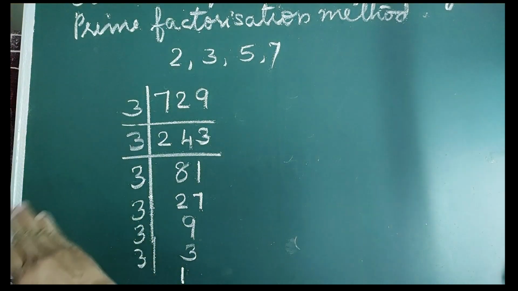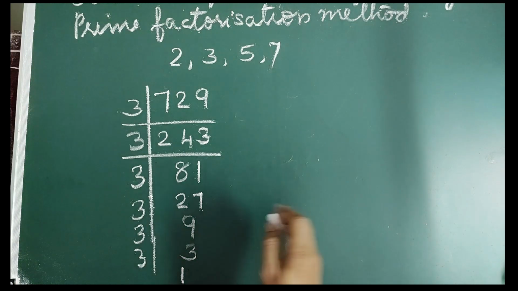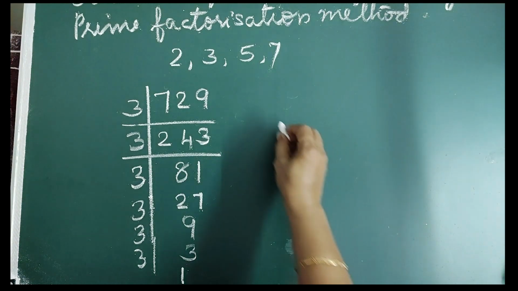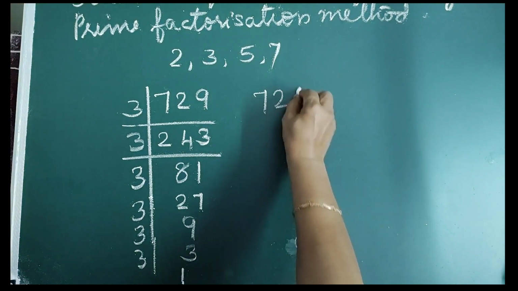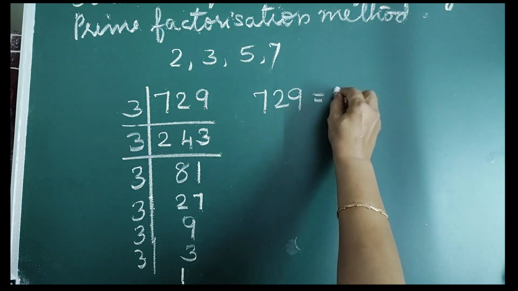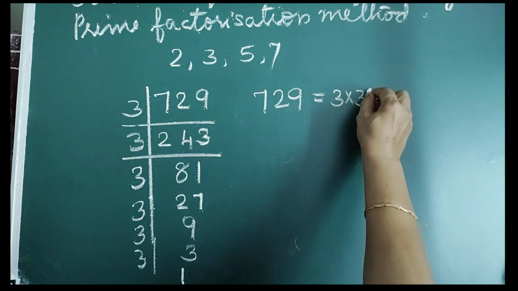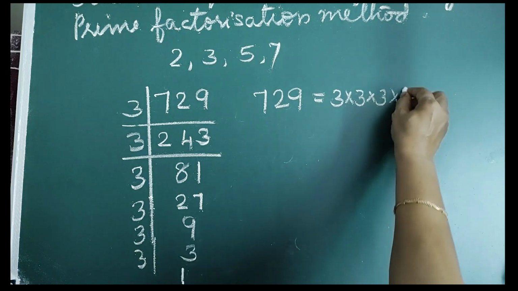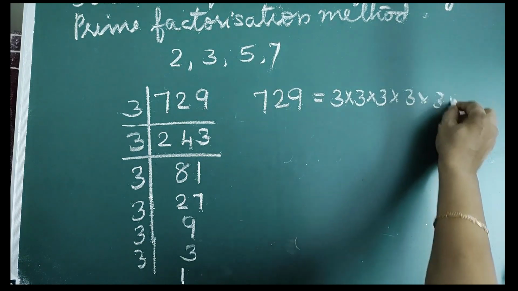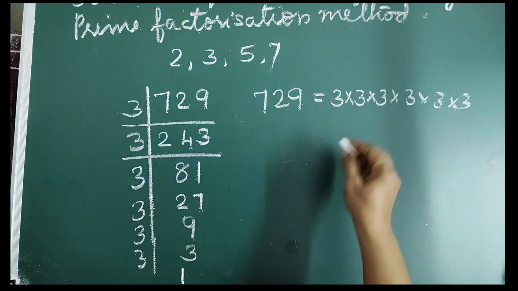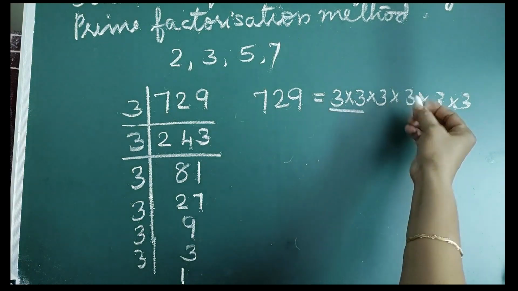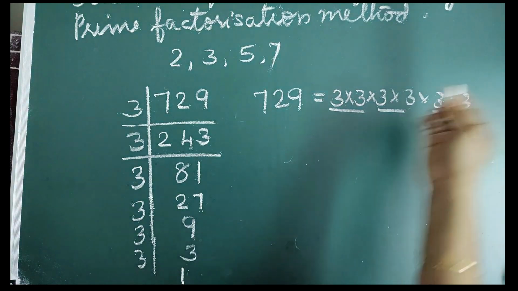So, prime factors of 729 are 729 equals 3 into 3 into 3 into 3 into 3 into 3. And we know they are in pairs.